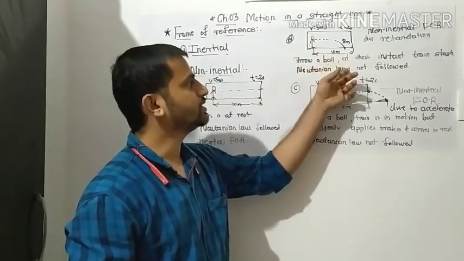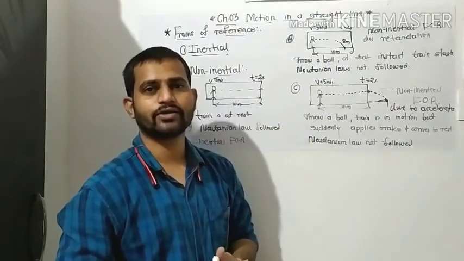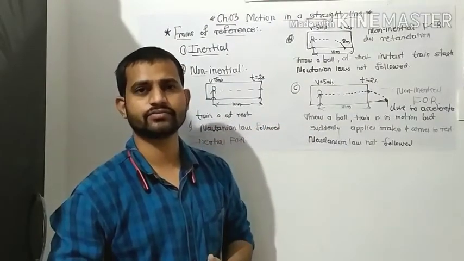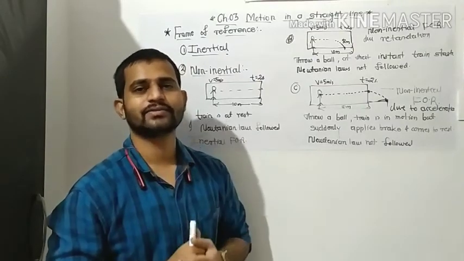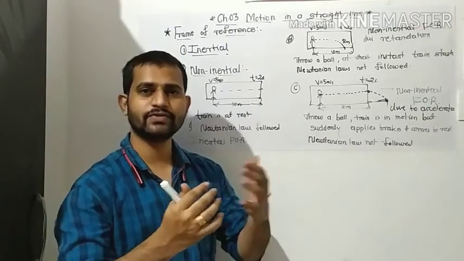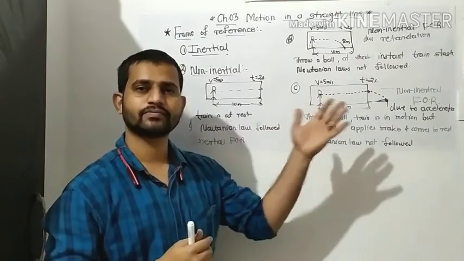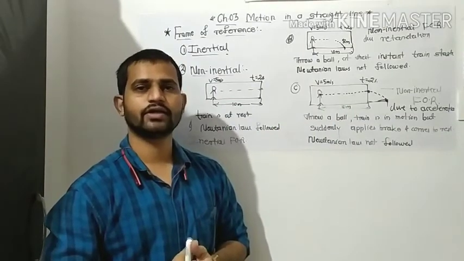So in this case, the motion of the ball will get retarded due to the reverse jerk, and the ball acquires a reverse force. There is the application of force in a reverse direction. So that's why that ball cannot get the required distance.